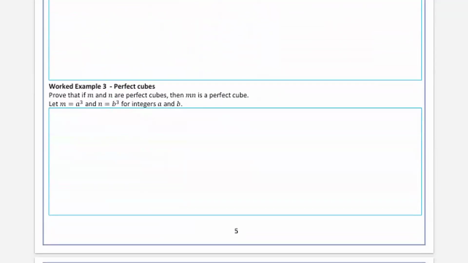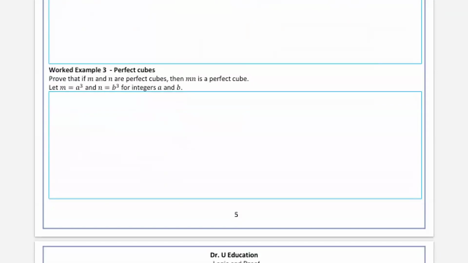So prove that if m and n are perfect cubes, then mn is a perfect cube. Okay, so let m be equal to a to the power 3, n equal to b to the power 3. So mn is equal to (ab) to the power 3.